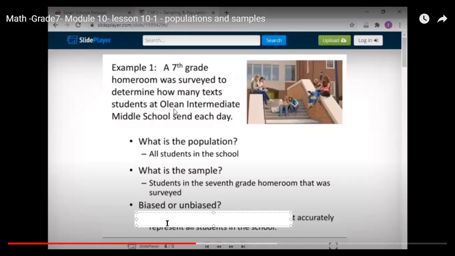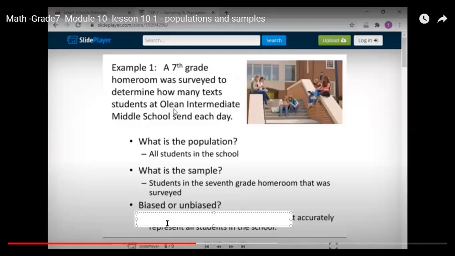If you want to make this one unbiased, you will not ask only grade 7. We will take all the class, which means you are going to deal with the population.